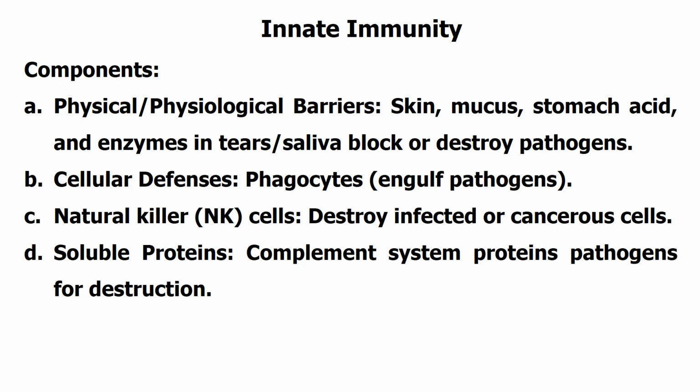Of course, the cellular defenses, as we have in the phagocytes that engulf pathogens with their cell membrane, and the natural killer cells that destroy infected or cancerous cells. We also have soluble proteins, which form the complement system of proteins that also help in destroying pathogens.